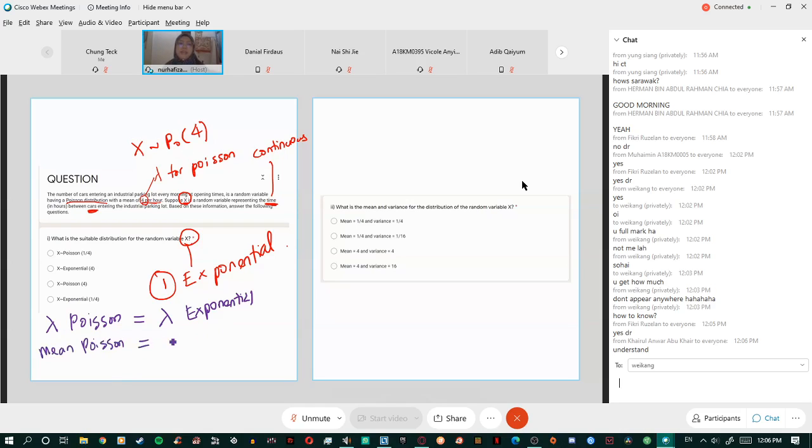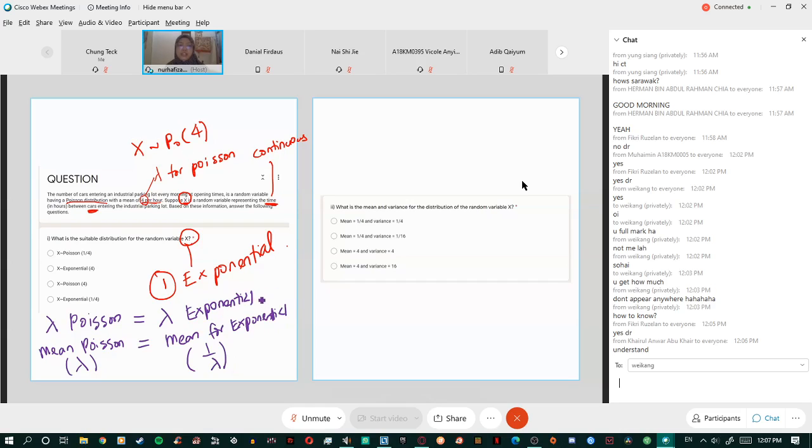However, the mean for exponential is not the same as the lambda for exponential. The mean for exponential is 1/lambda.